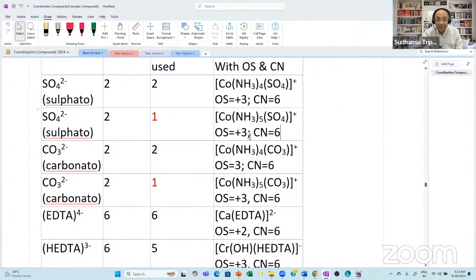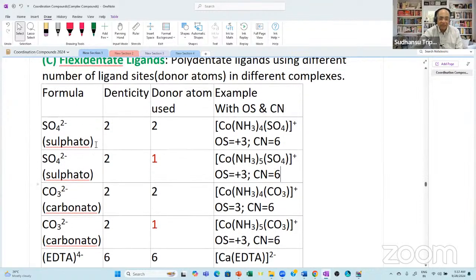But here it is [Co(NH3)5SO4]. Here sulfate is only using 1 tooth, keeping the other tooth without any use. So this sulfato is a flexidentate ligand.